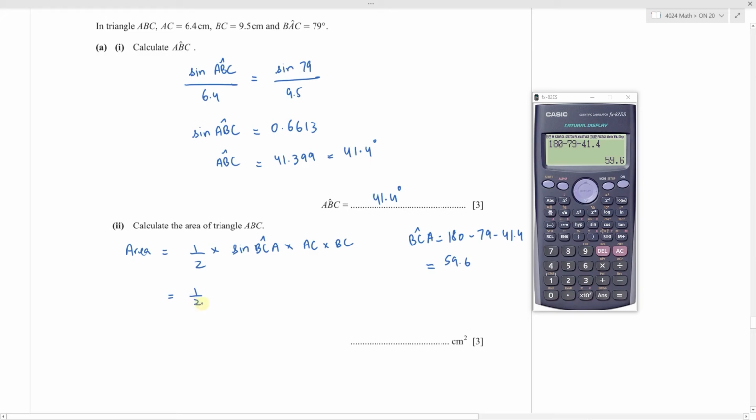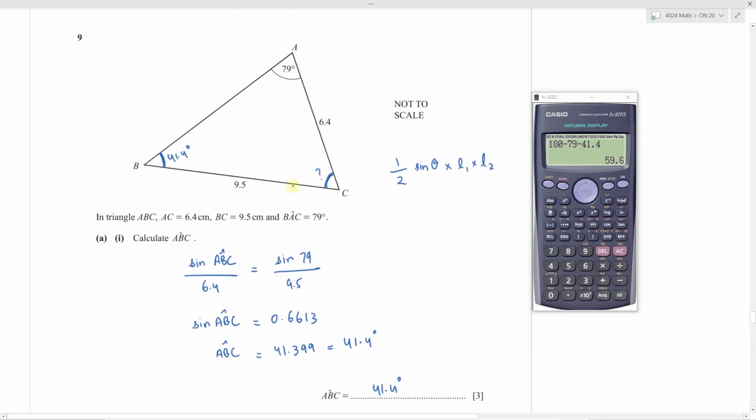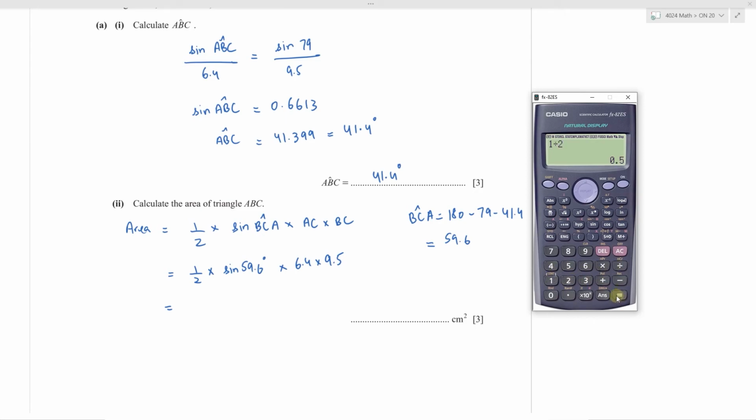So this will be 1 by 2 into sine of 59.6 degrees multiplied by AC 6.4 and BC 9.5. So let's calculate this. 1 divided by 2 into sine of 59.6 multiplied by 6.4 multiplied by 9.5. So this is 26.22, or up to three significant figures, this is 26.2 centimeter square.